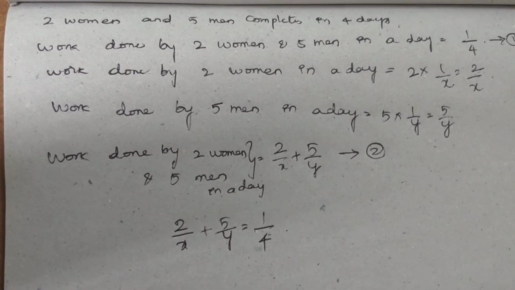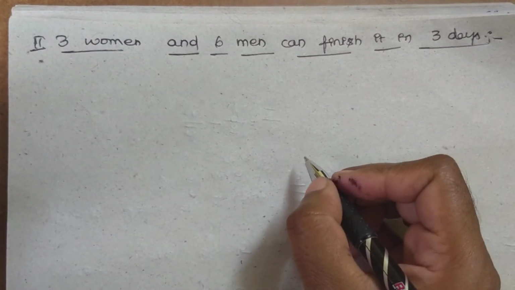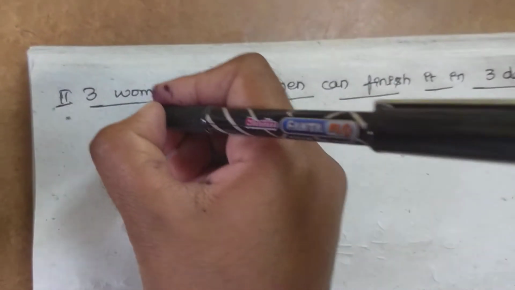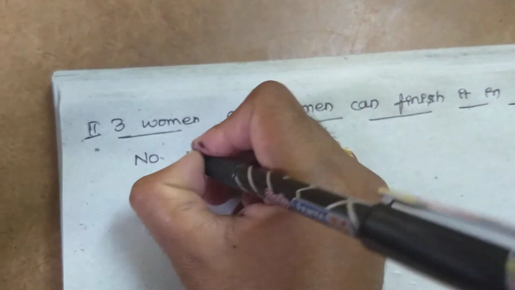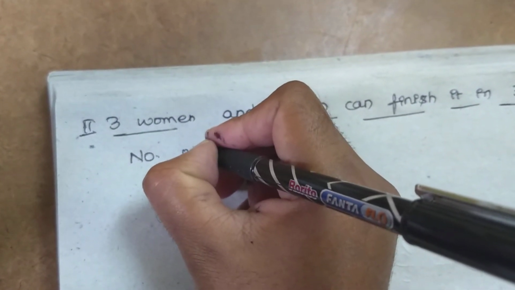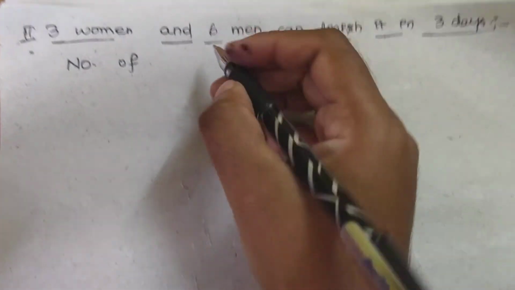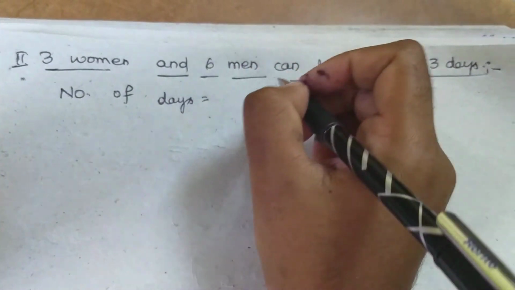In the same way, write that for the second situation also. Let us see what the second situation is. The second situation is 3 women and 6 men can finish it in 3 days. In how many days will the work be done by 3 women and 6 men?